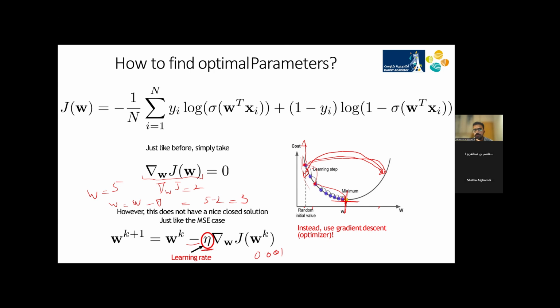Any other questions? How to determine learning rate in the first place? That's the question, right? So there is no actual proper way to say that, okay, this is the learning rate for this particular problem, right?